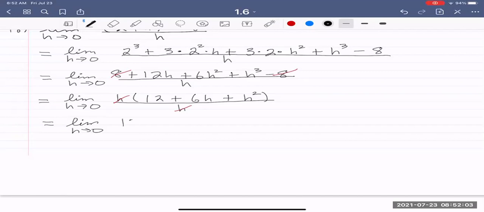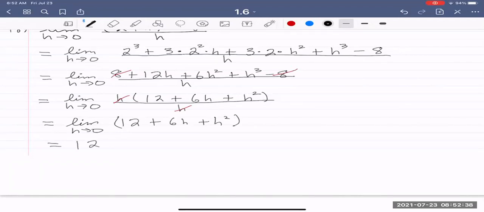Of 12 plus 6h plus h squared. Again, we note that each of these expressions are the same, except when h equals 0, so their limits are going to be equal. Plug in 0: 12 plus 6 times 0, which is 0, plus 0 squared, which is 0, is 12.